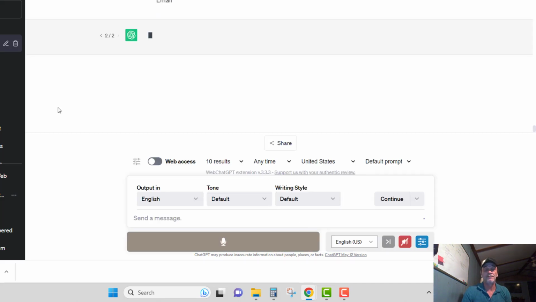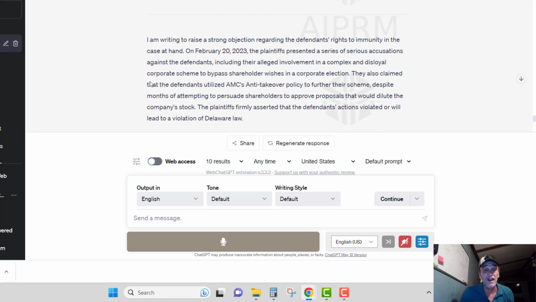Here we go. I am writing to raise a strong objection regarding the defendant's right to immunity in the case at hand. This is your letter that ChatGPT has written. On February 20th, 2023, the plaintiffs presented a series of serious accusations against the defendants, including their alleged involvement in a complex and disloyal corporate scheme to bypass shareholders' wishes in a corporate election.